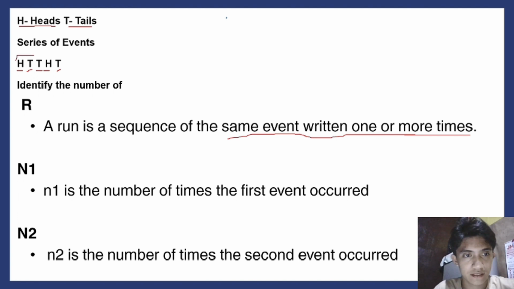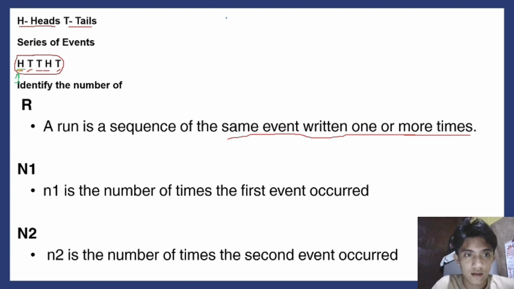Since we already have the series of events here, to identify the number of runs, let's count now. H, this is our first event. Since it is H, it is considered our first run.